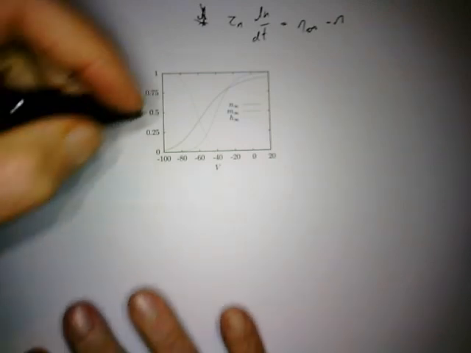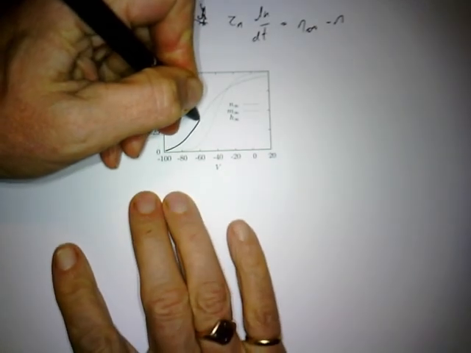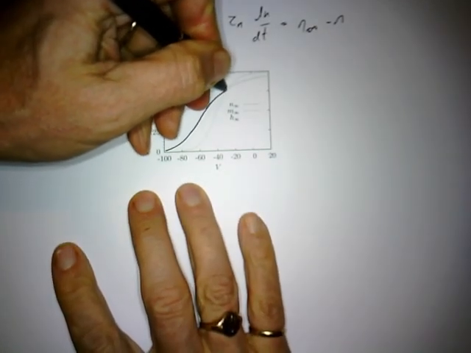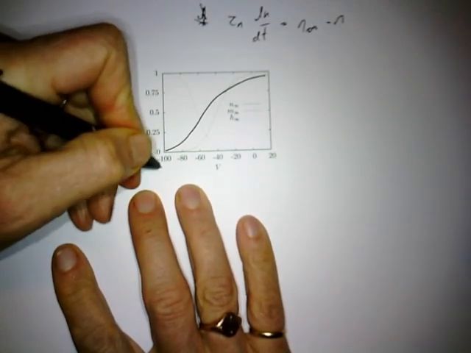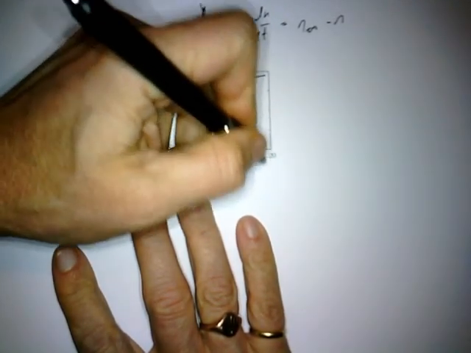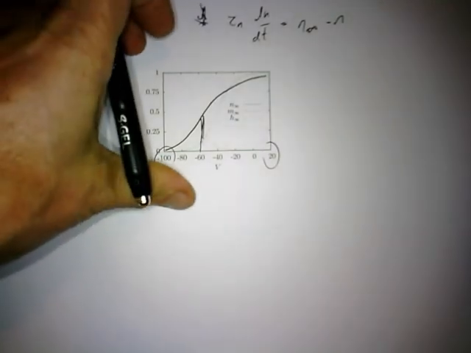So here, where is n? This is n here. It's a bit hard to see, but basically this is 1, this is 0, this is minus 100 millivolts, this is 20 millivolts. You can see it really starts kicking off around minus 60 millivolts. So that's a picture of what n infinity does.